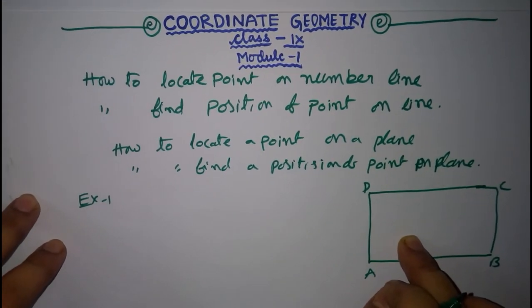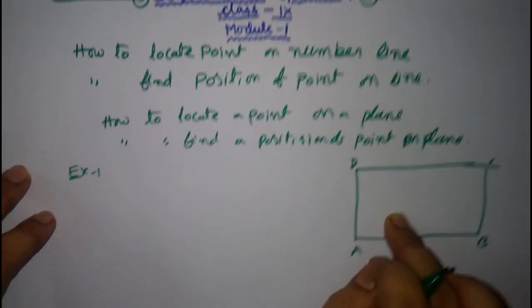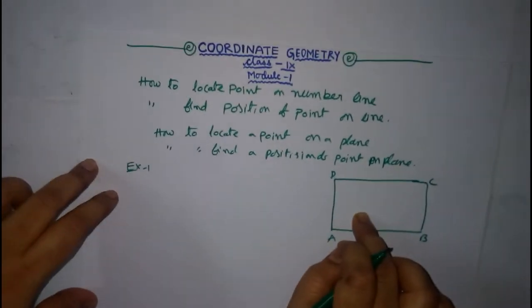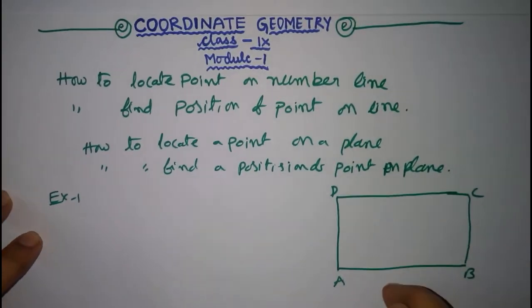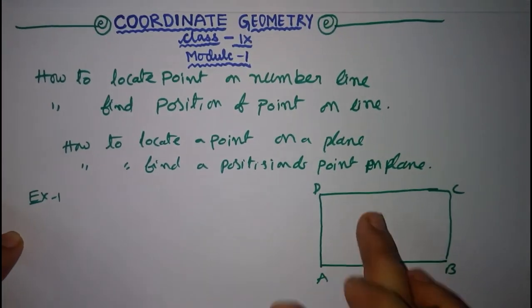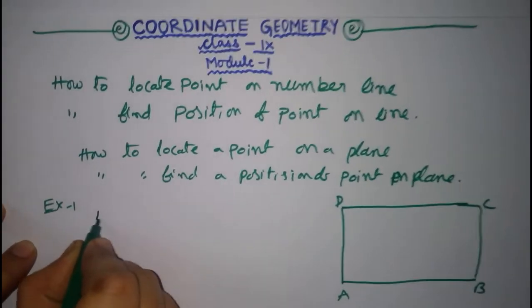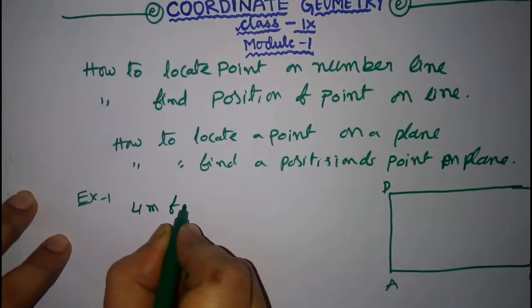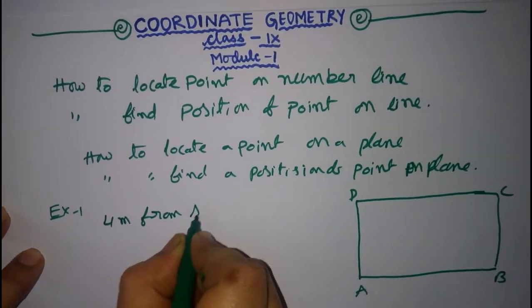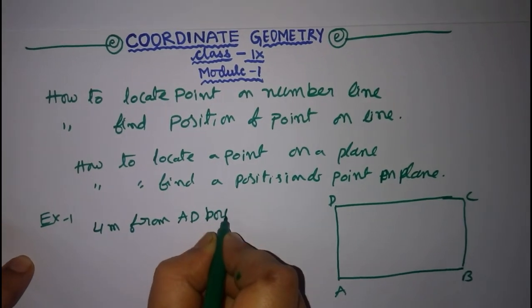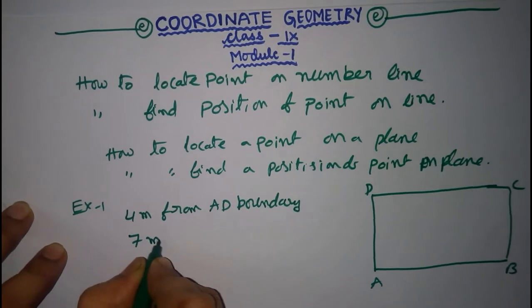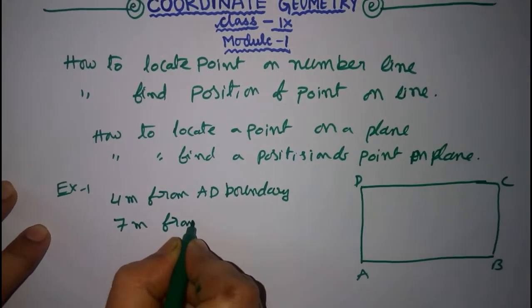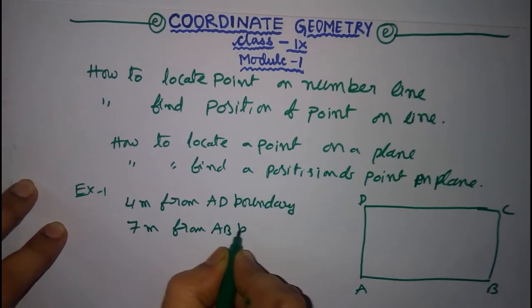If the information is given that it is 7 meters from the AB boundary, then here we have two pieces of information: 4 meters from the AD boundary, and 7 meters from the AB boundary.